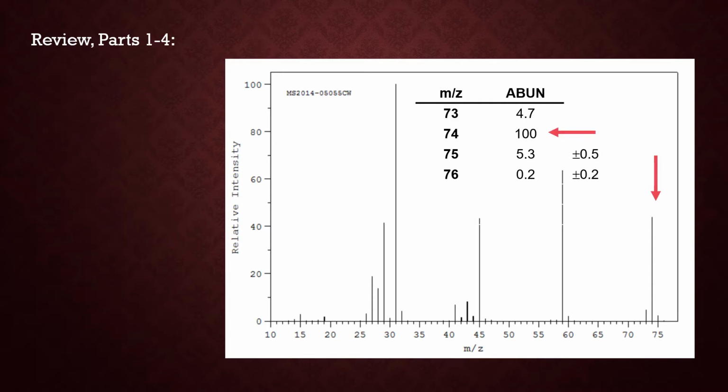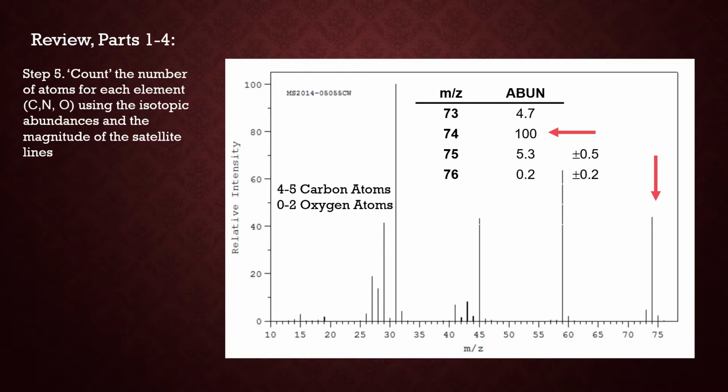I next count the number of atoms for each element by looking at the A+1 and A+2 satellite lines. In this particular case, I first want to count the carbons. I divide the 5.3 by 1.1, which is the isotopic abundance per carbon-13, and they're additive.